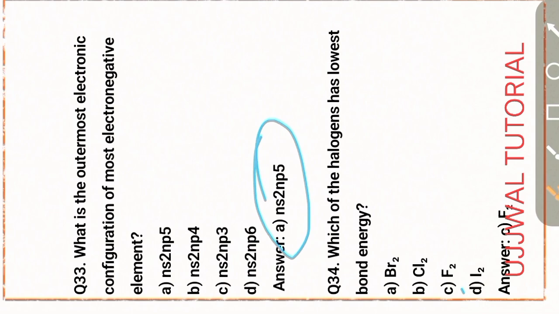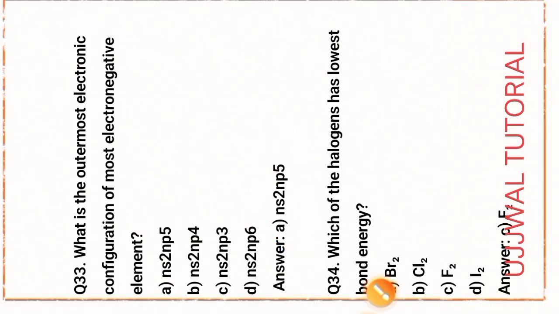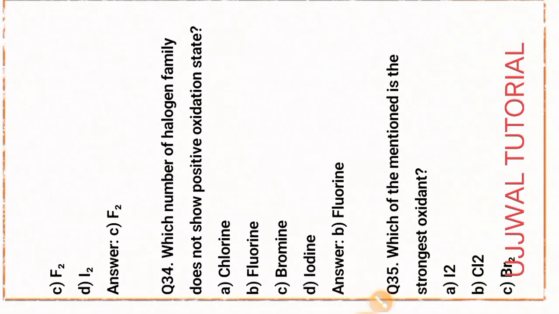Next question number 34. Which of the halogens has the lowest bond energy? That is the right answer, option C, fluorine, F2. Next question number 34. Which member of the halogen family does not show a positive oxidation state?